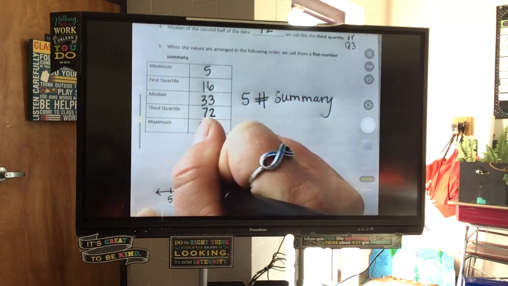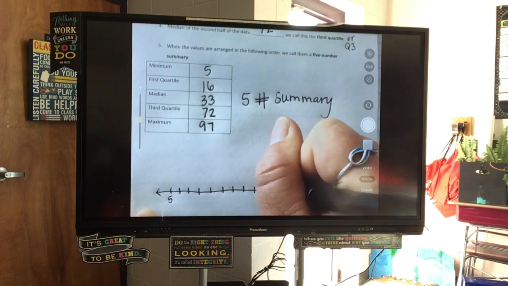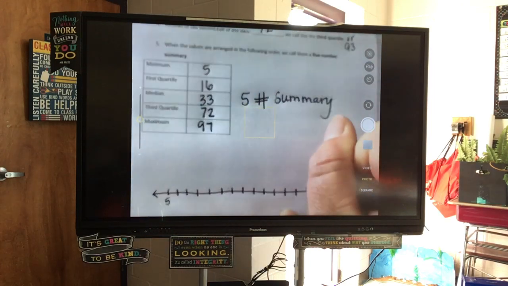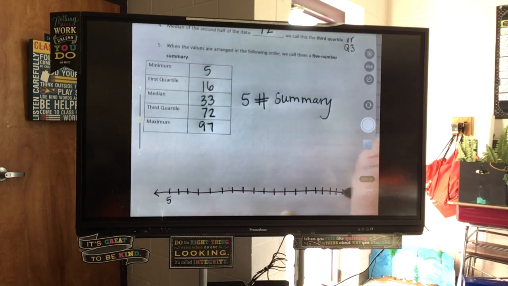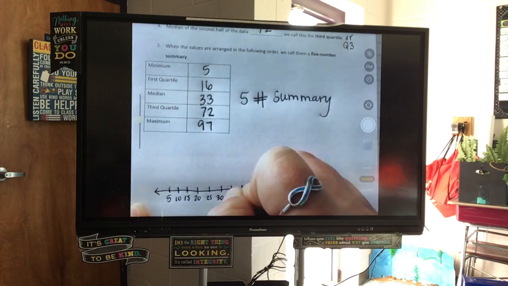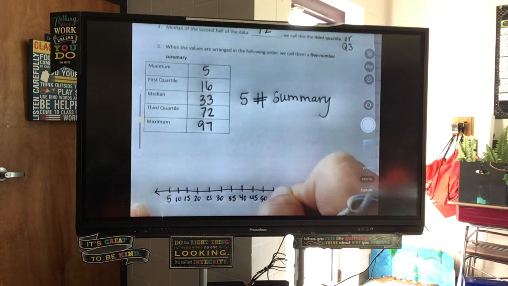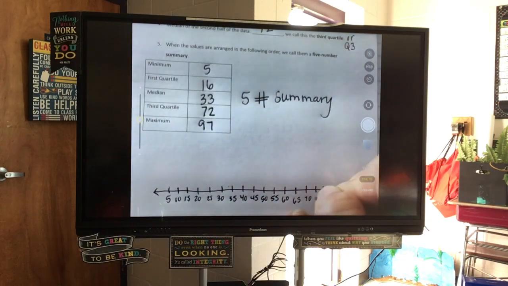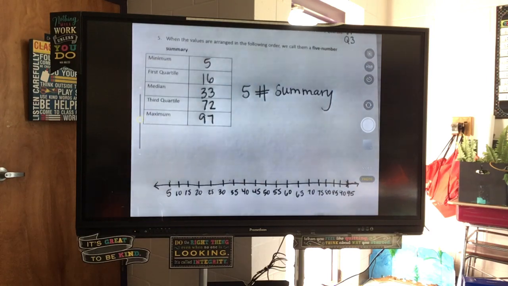So 1, 2, 3, 4. Give me a thumbs up when you have your number line completed.